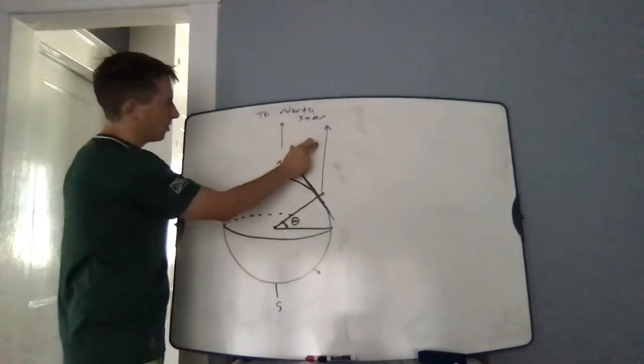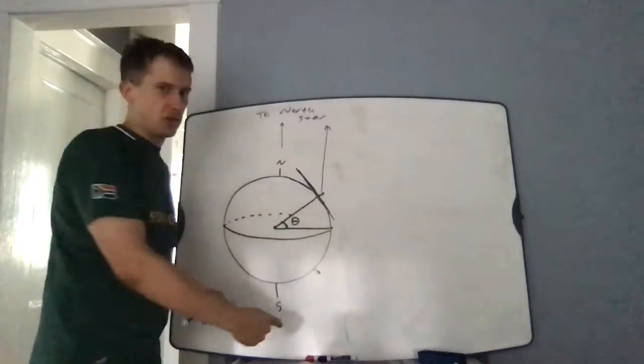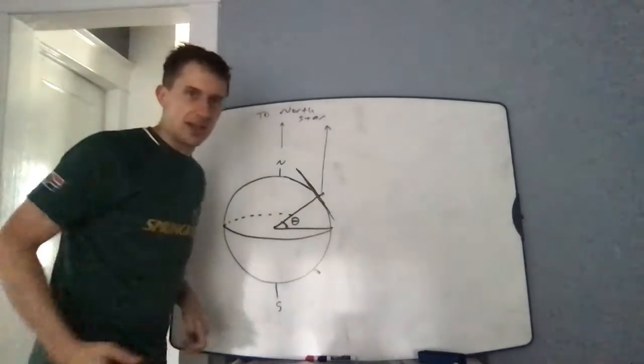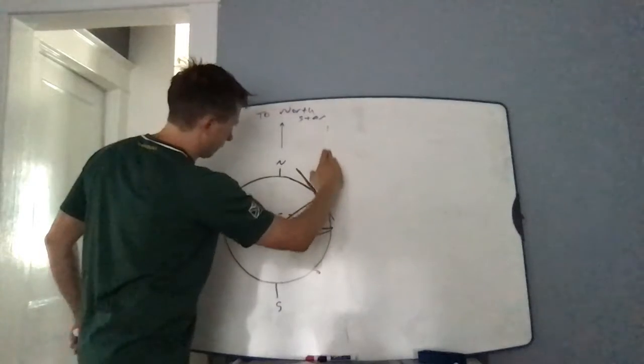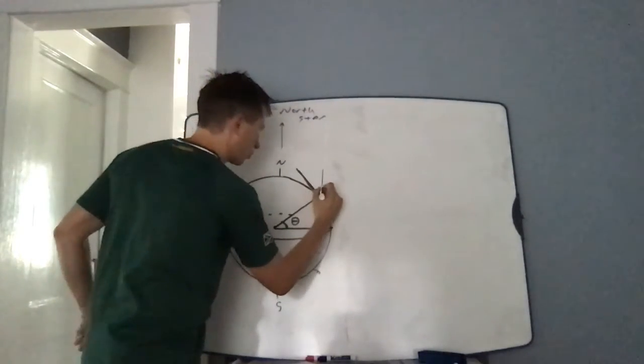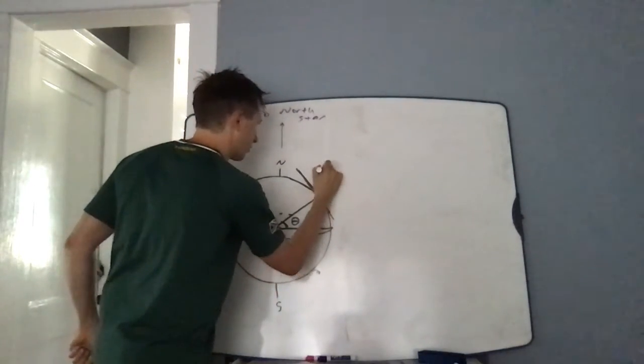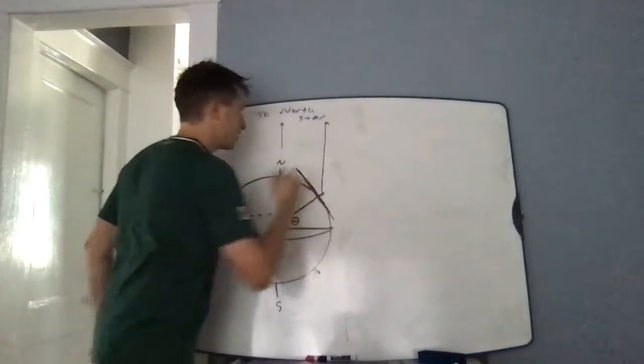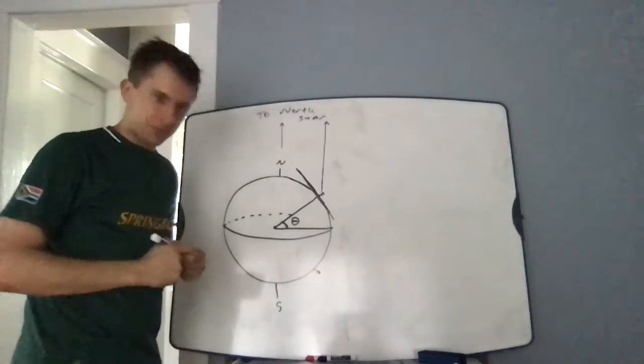I could say these two lines are perfectly parallel with each other. So for this video, I didn't draw it quite so neatly. I'll draw it neater. So these two lines are perfectly aligned with each other.